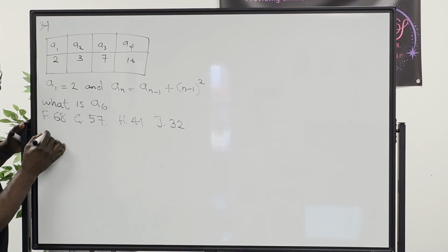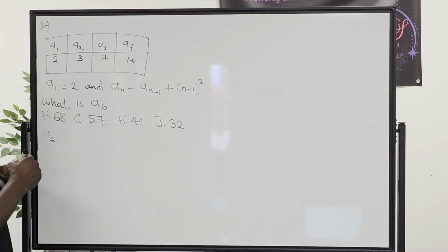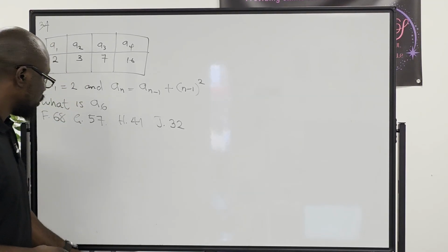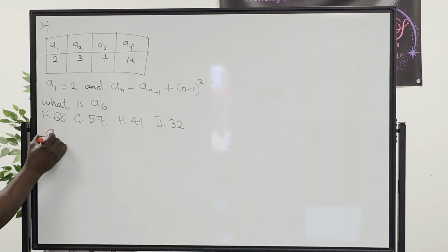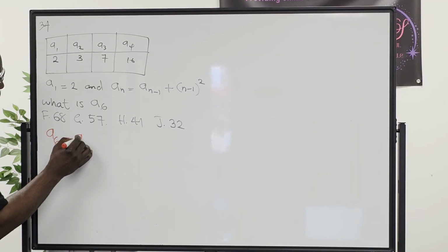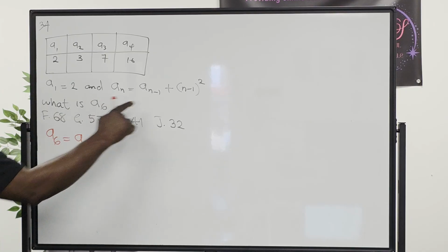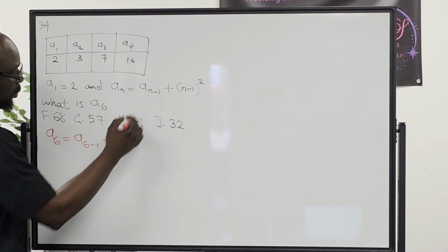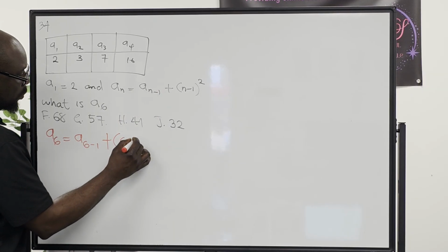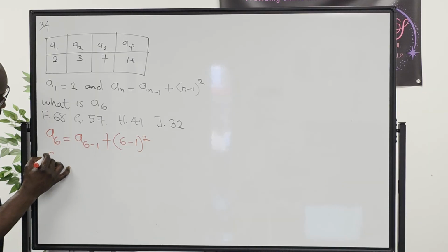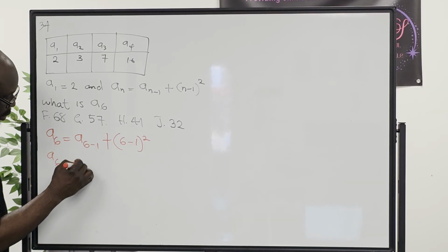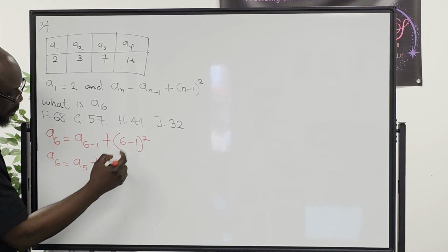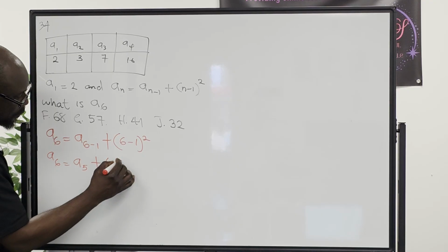But that's what they give us. So A6 is going to be equal to A, 6 minus 1, that's what we have here, plus 6 minus 1 squared. 6 minus 1 is 5, so you have A5 plus 5 squared.